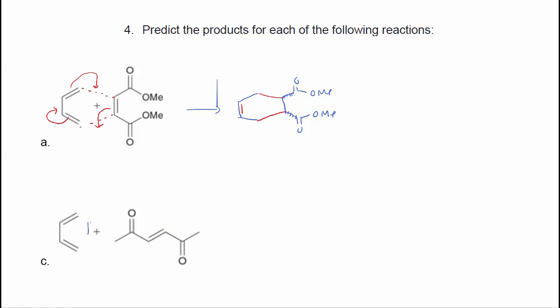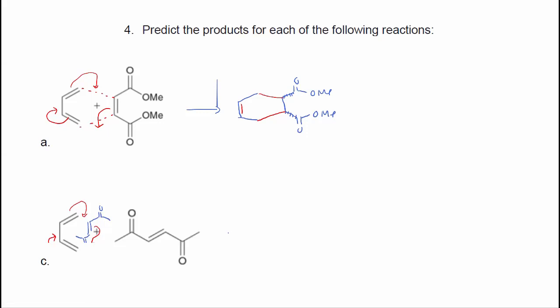So if I was going to draw this here, it would look like this. So you kind of want to orient things in the right way. All I've done is turned it 90 degrees to get it in the right shape. So this electron lone pair is going to form a new bond here. These will go here.